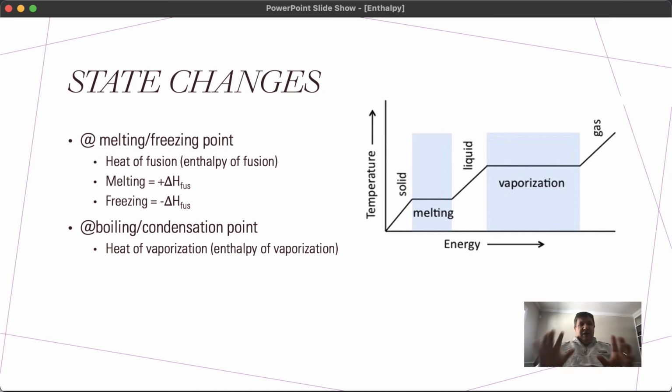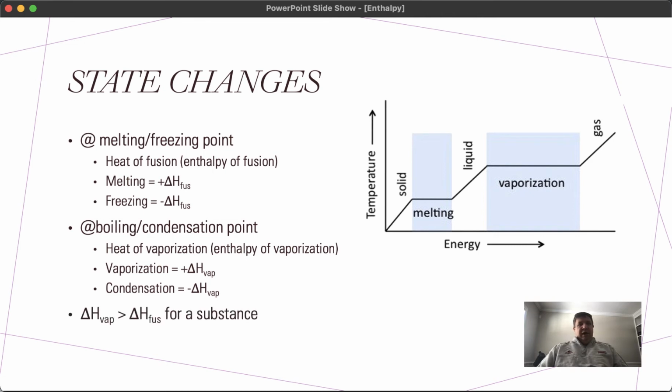So heat of vaporization, heat of condensation. If you're vaporizing, then that is adding in the delta H vap. The abbreviation for vaporization is VAP. And if you're condensing, then the substance has to release or give off or lose the enthalpy of vaporization.